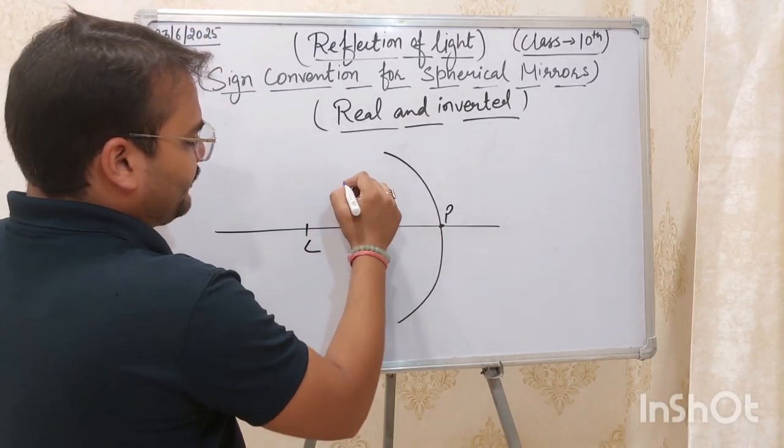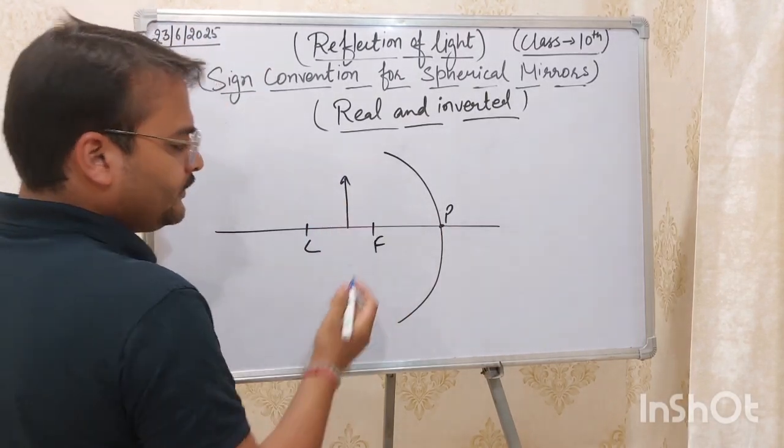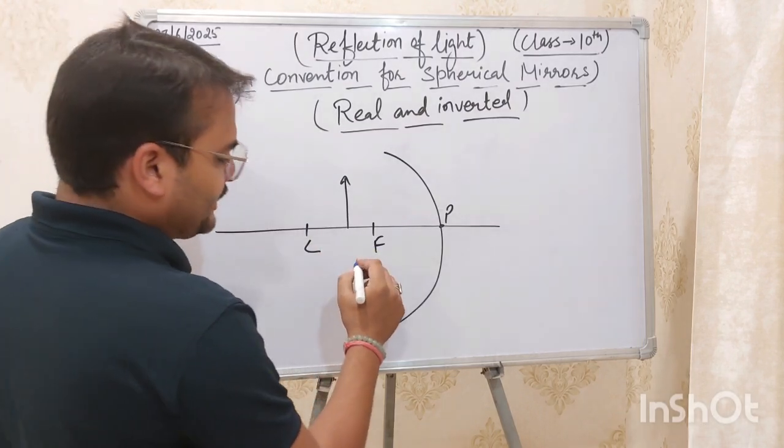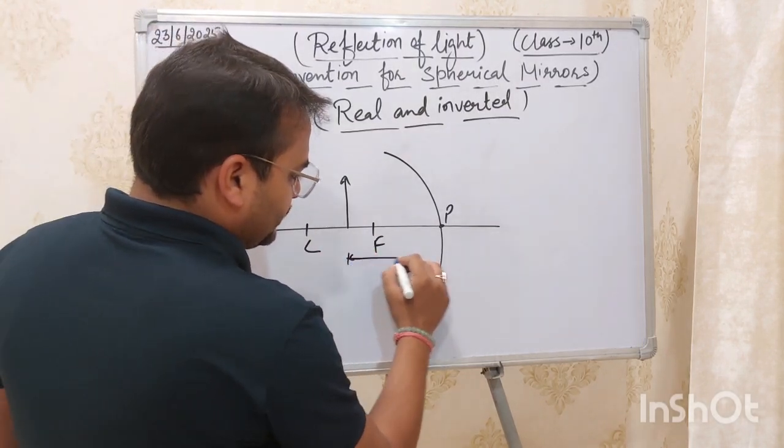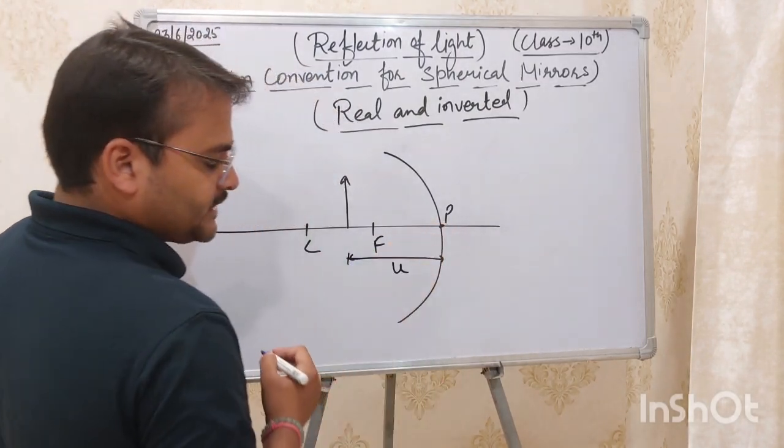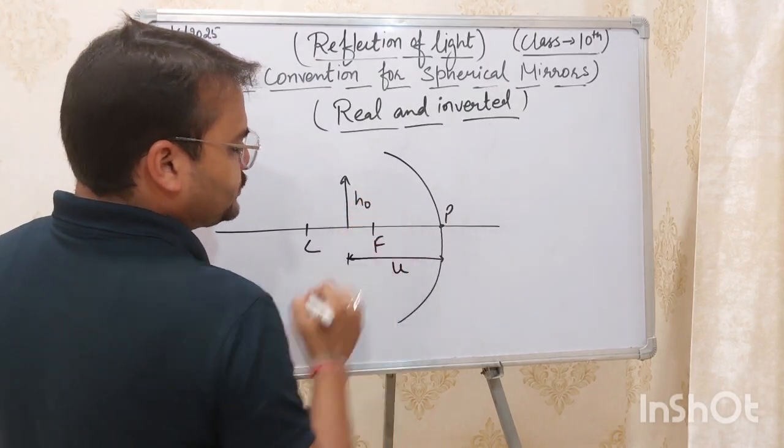Suppose I place the object here, beyond the focus. This is U, the position of the object, and this is the height of the object.